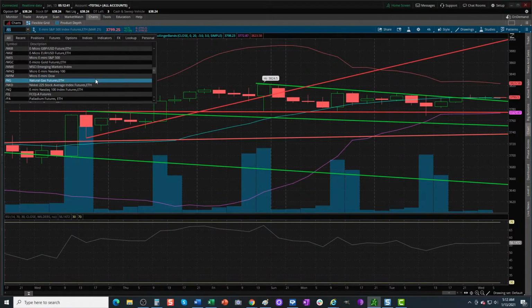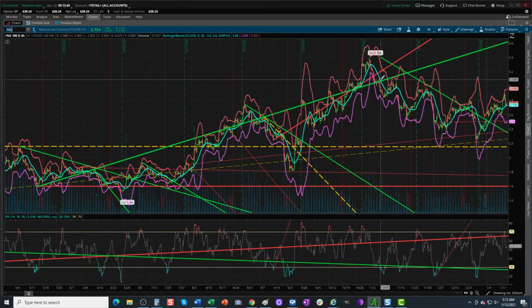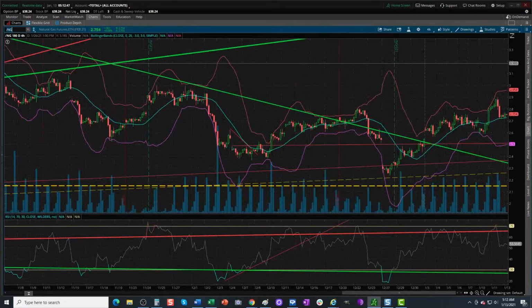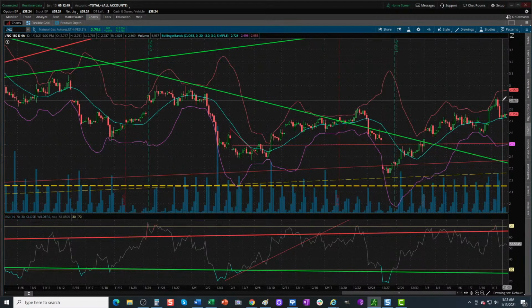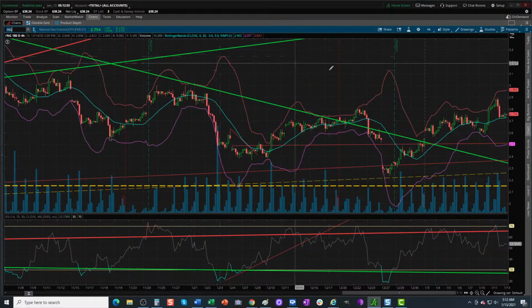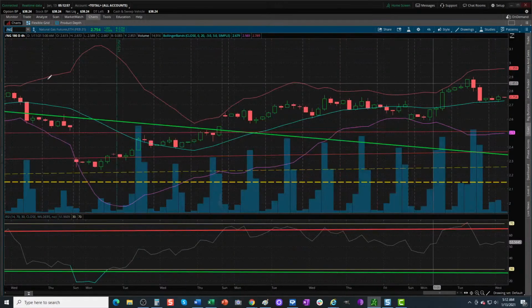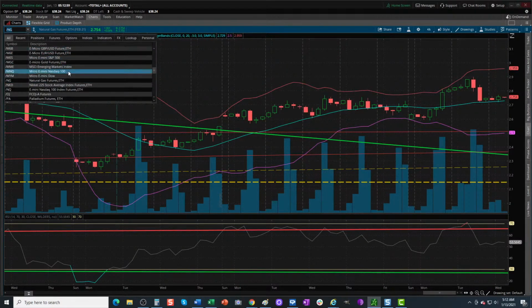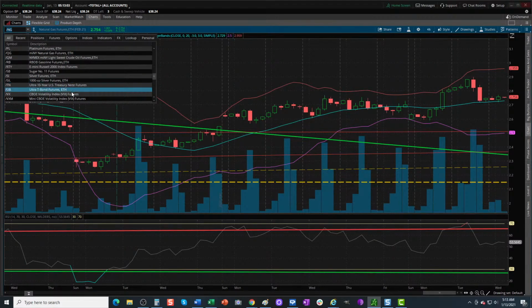Natural gas faded hard yesterday. Up this morning slightly. Here's that fade. Again, this is a 4 hour chart. So that's a pretty significant drop. Bonds.